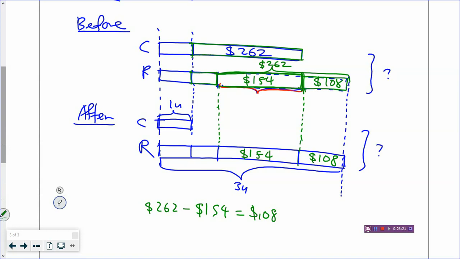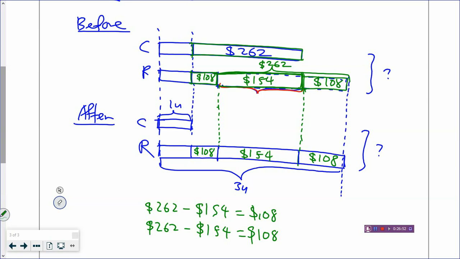So 262 minus 154, how much would that be? You also get $108. So we realize that it's actually the same. 108 here, and you go down, this is also 108. So you have cut and filled in the numbers already.